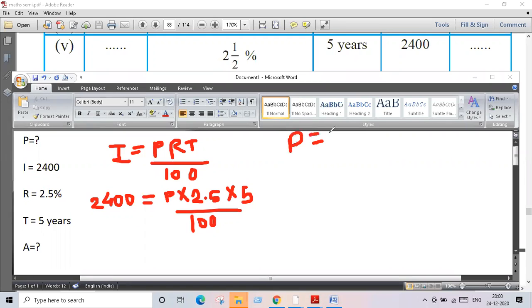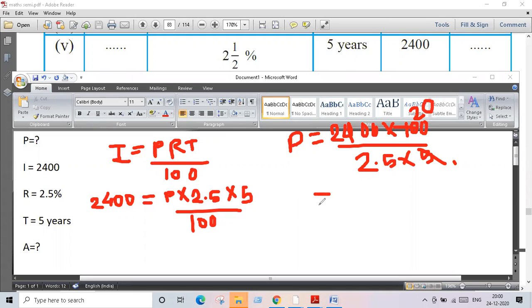So we'll find out the P here. P is equal to 2400 into 100 upon 2.5 into 5. Now divide by 5.